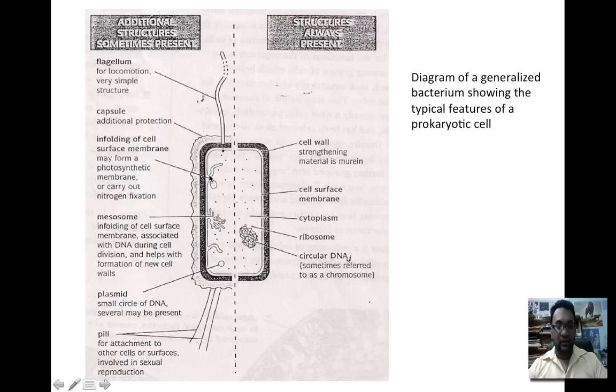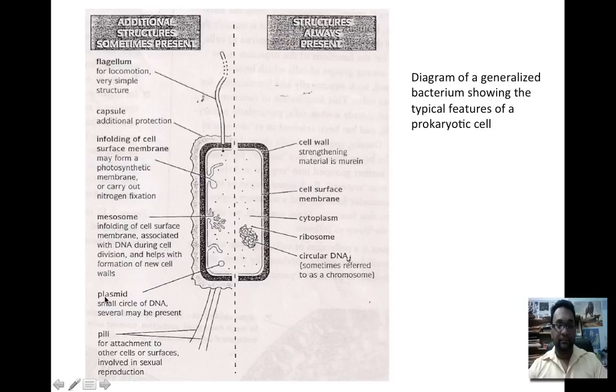Now, in additional structures that are sometimes present, you have pili for attachment to other surfaces or other cells. It's involved in sexual reproduction. You have the plasmid, which is a small circle of DNA.